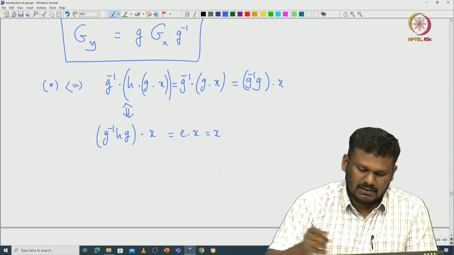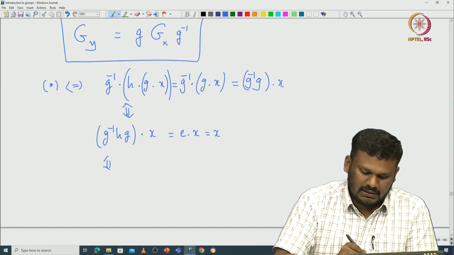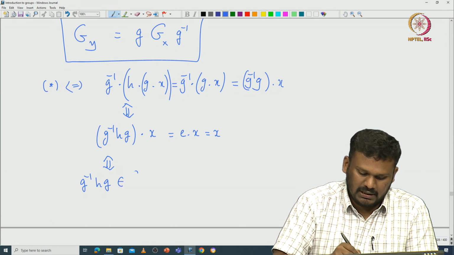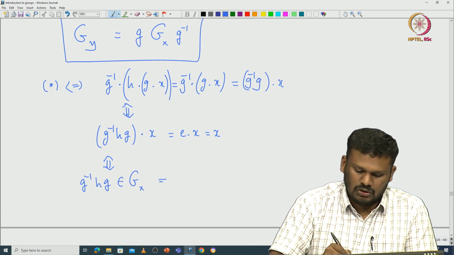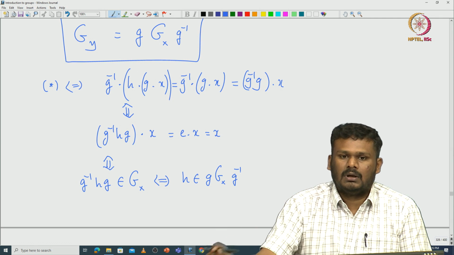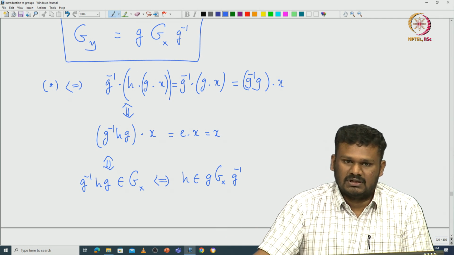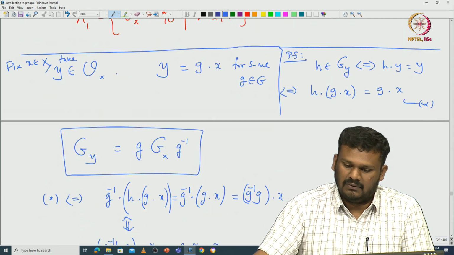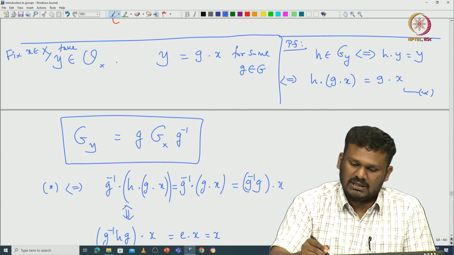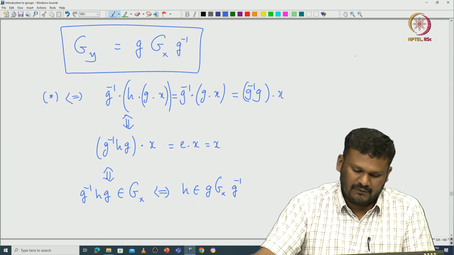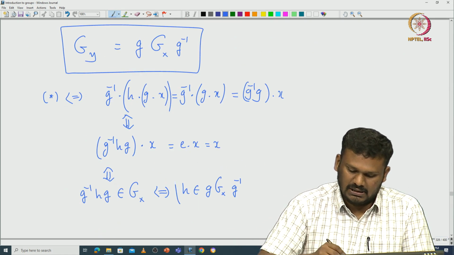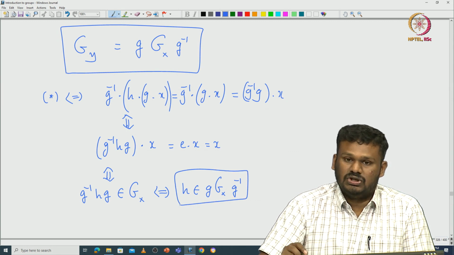So this says that g inverse h g is an element of G_x, if and only if h is in g G_x g inverse. All this argument is reversible, everywhere we have if and only if. So h is in G_y if and only if h is in g G_x g inverse.